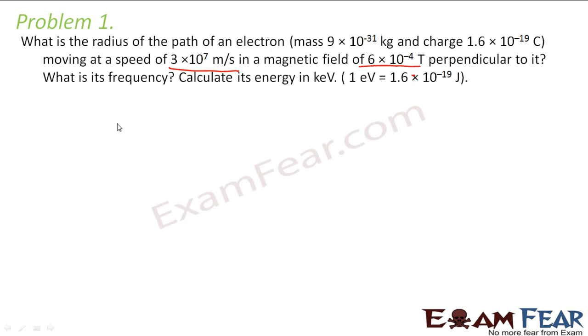That means there is an electron which is moving at a speed of 3 into 10 to the power 7 meter per second in a magnetic field of 6 into 10 to the power minus 4 Tesla. Perpendicular to it, that means V and B are perpendicular to each other, right?